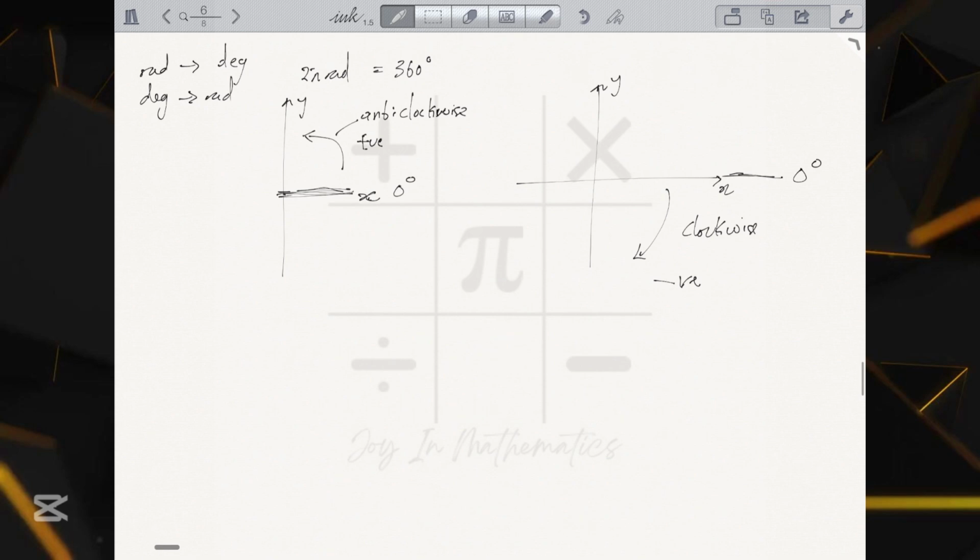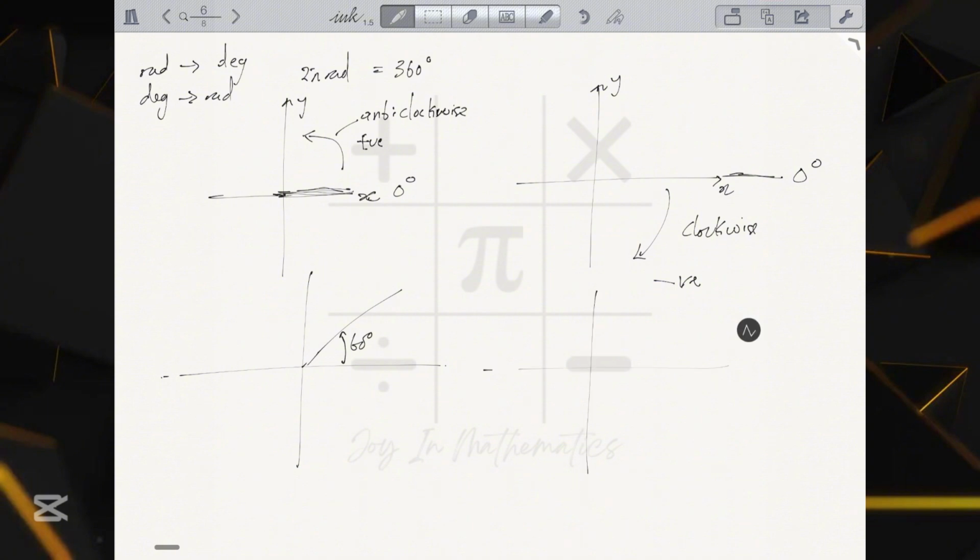Now, with that being said, we can say this is positive 60 degrees because it is moving from the starting point. Let's draw that for more understanding. We have positive 60 degrees because it is moving in the anti-clockwise direction.